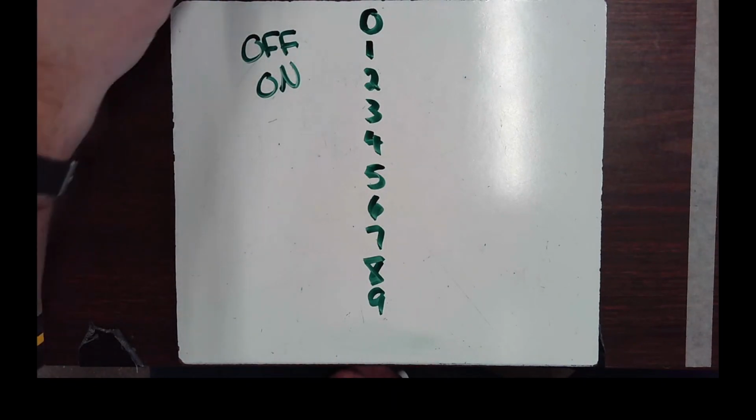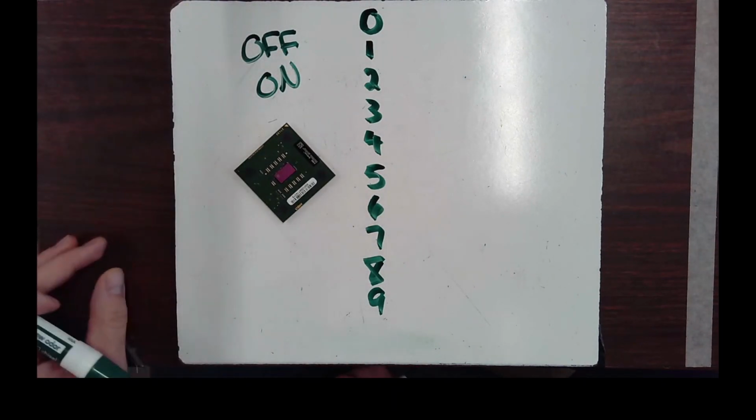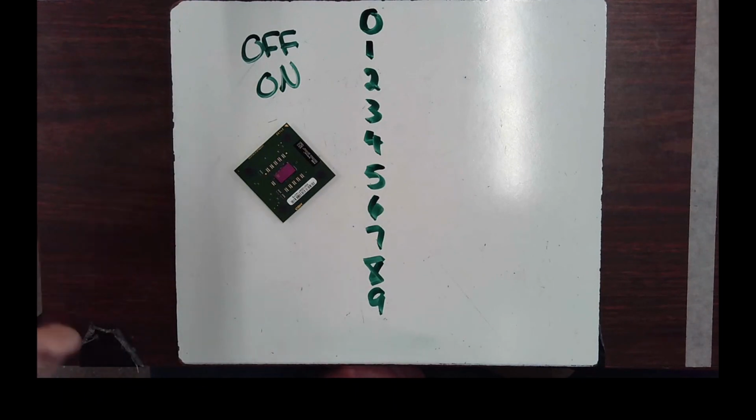So our goal today is to understand how everything with a computer processor in it works, and that's computers, laptops, Chromebooks, cell phones, almost every TV now has a processor in it. Your game consoles, your cars, the world around us is surrounded by processors.